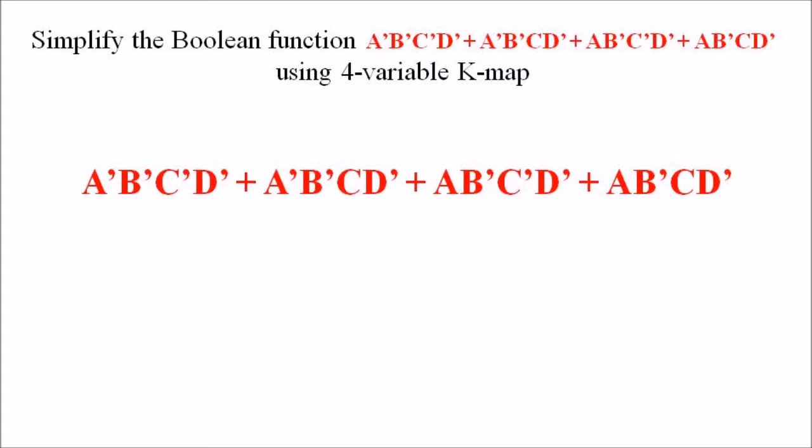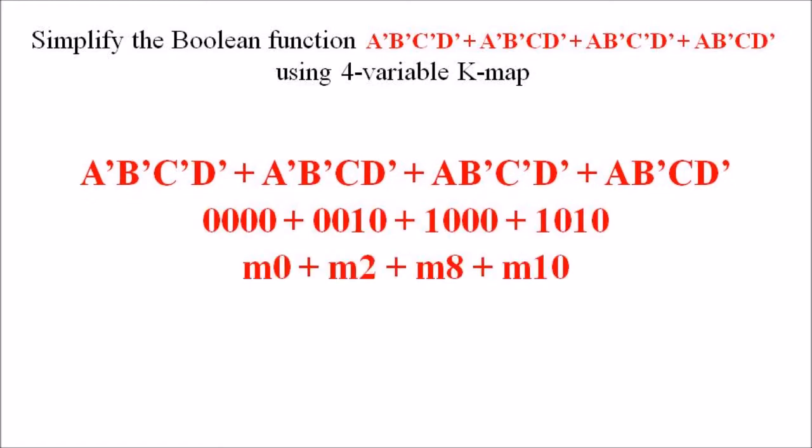Our question is, simplify the Boolean function a' b' c' d' plus a' b' c d' plus a b' c' d' plus a b' c d' using a 4 variable K-map.